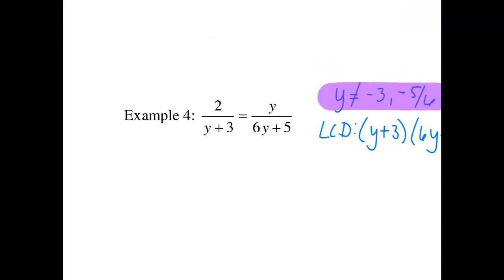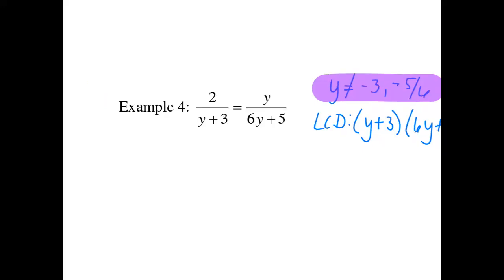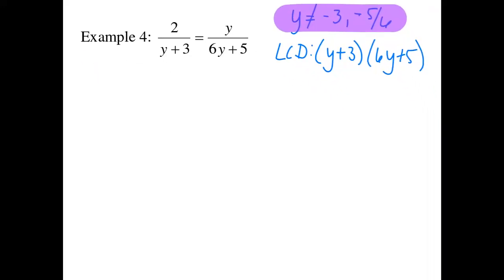So over here, over on the left, we'll go ahead and multiply by y plus 3 times 6y plus 5. And same thing on the right, y plus 3 times 6y plus 5. And as has happened in the past, the denominator cancels over here with the y plus 3.